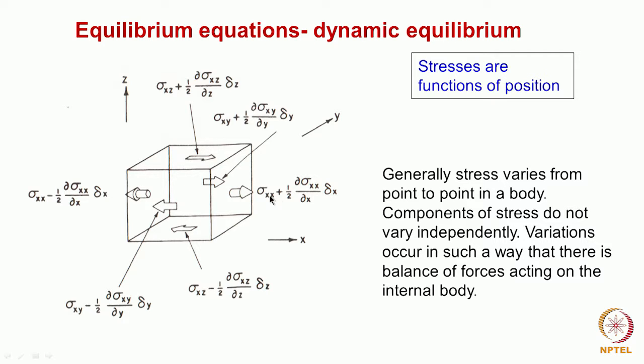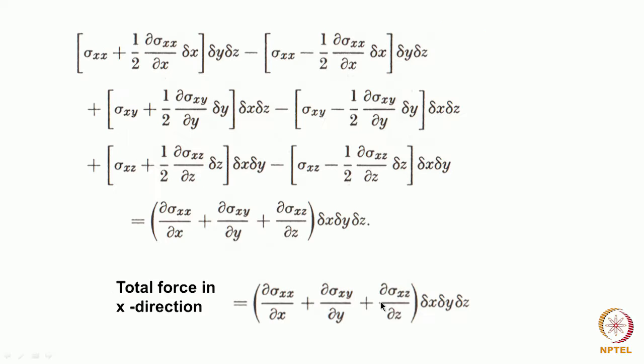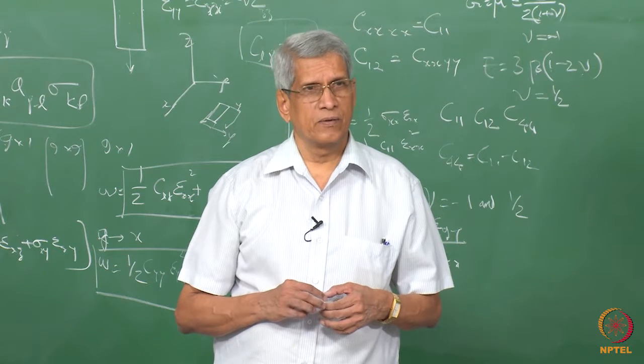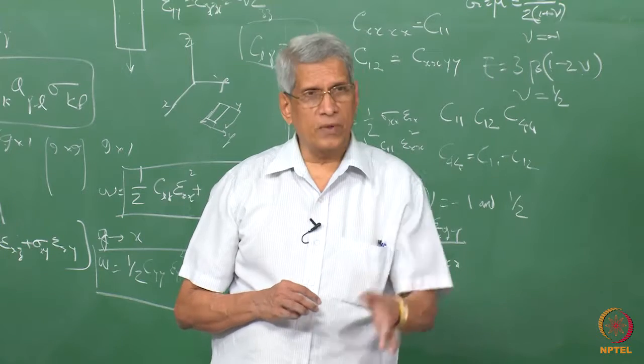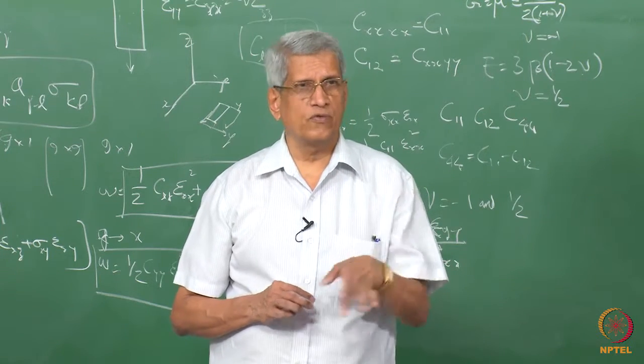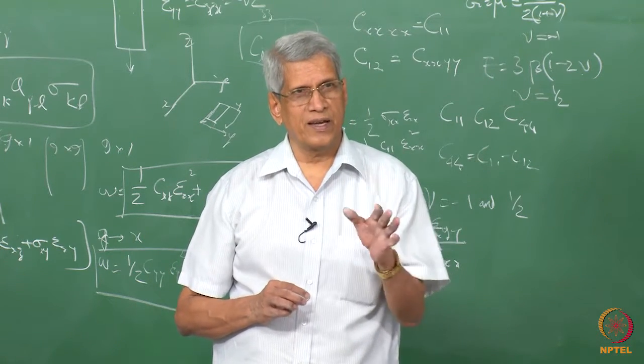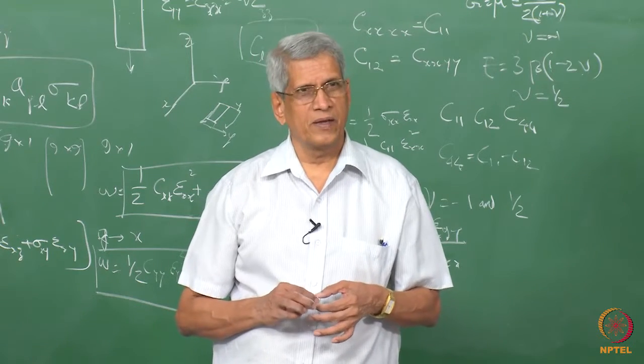So this stress is going to act on an area which is delta y into delta z. If we take the difference, we will get the force acting in the x direction, the component of the force from the normal stress.